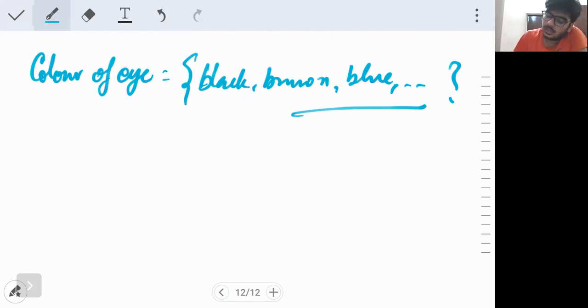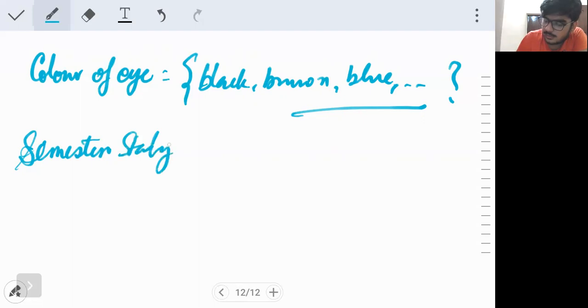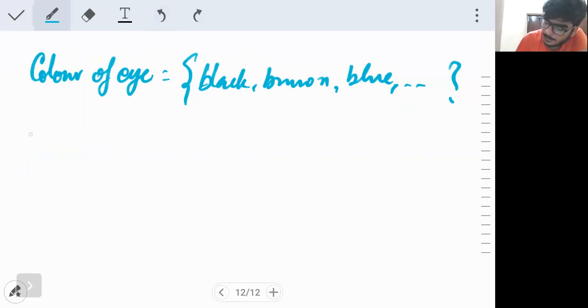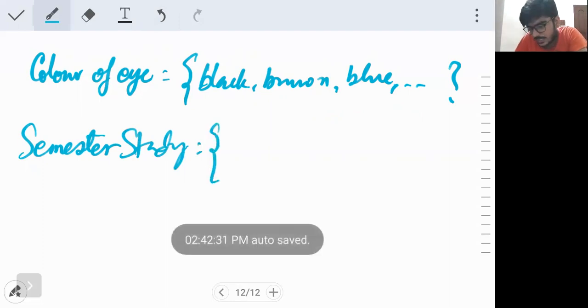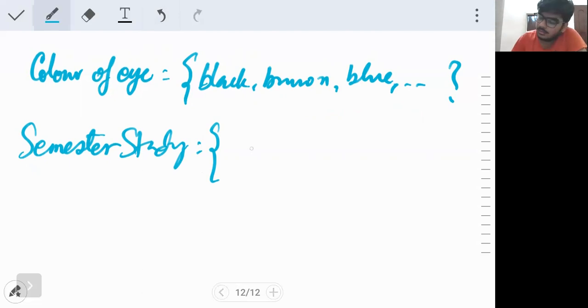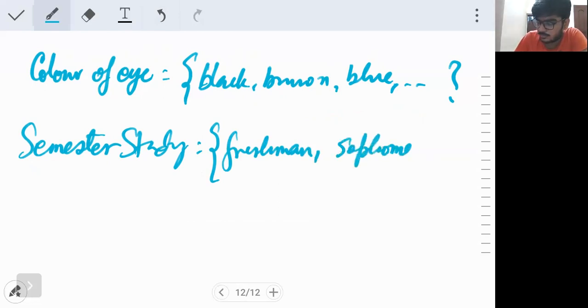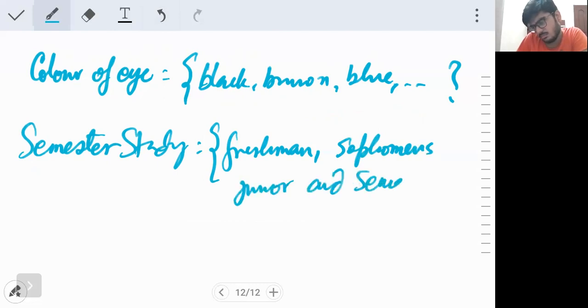If we are talking about semester standing, that is the category in which we will differentiate, and the college students could be freshmen, sophomores, juniors, and seniors. So these are the different types of data.